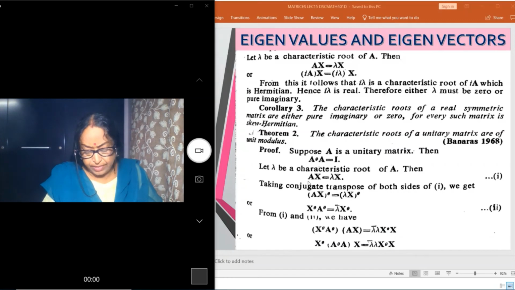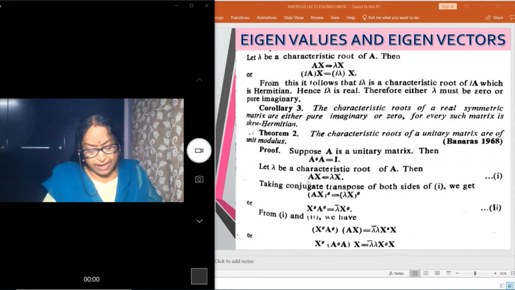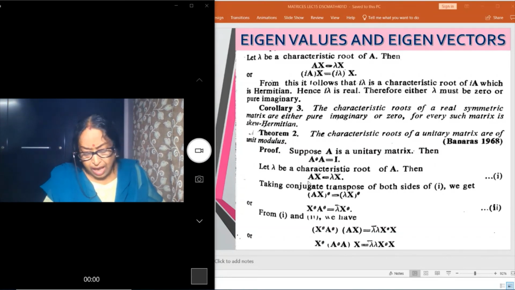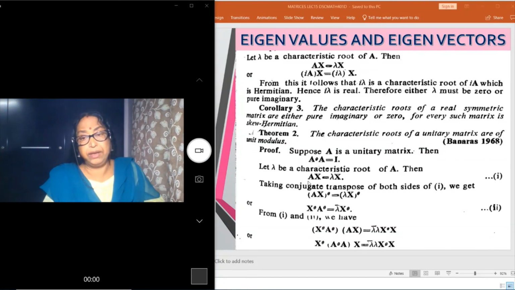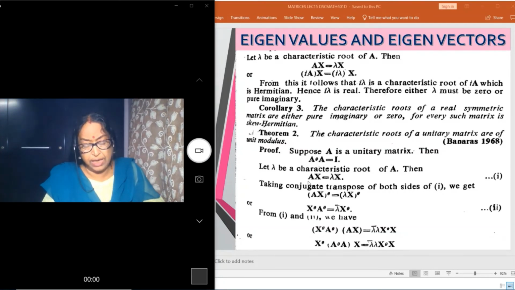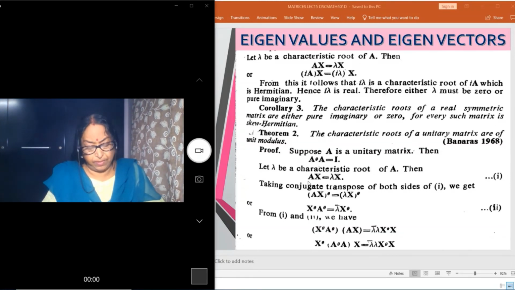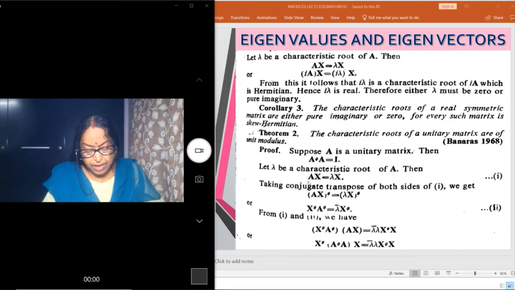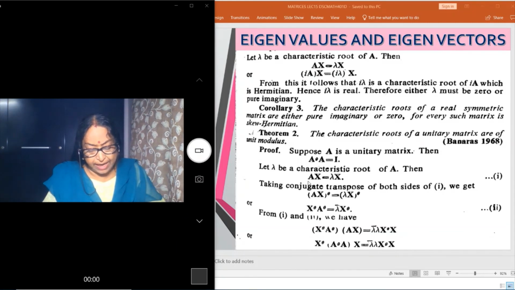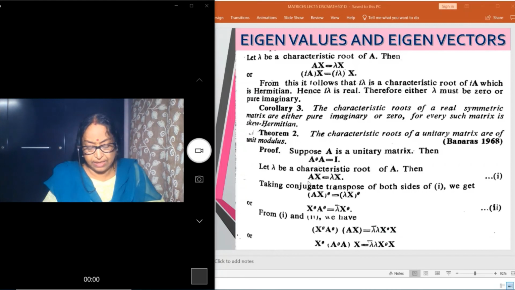So, next theorem, the characteristic roots of a unitary matrix are of unit modulus. We know A will be a unitary matrix if A theta A is equal to I. Let lambda be the characteristic root of A. Then Ax is equal to lambda x.